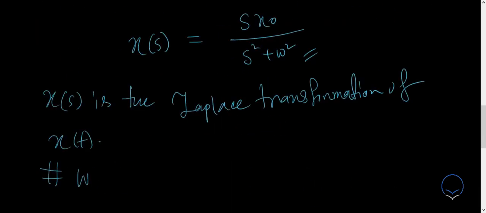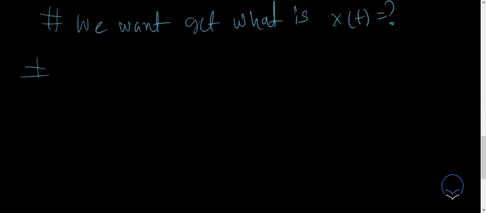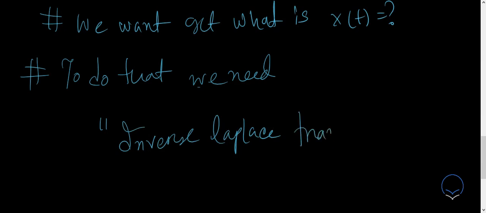We want to get what is x of t. And to do that, you need something called an inverse Laplace transformation. To do that, we need inverse Laplace transformations.